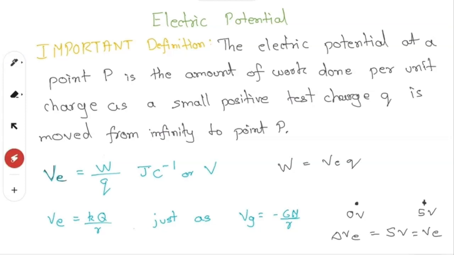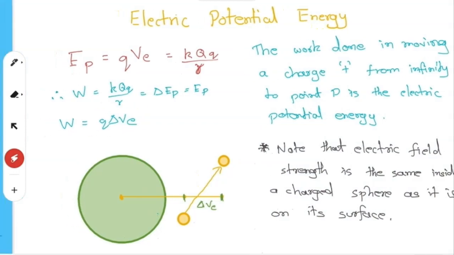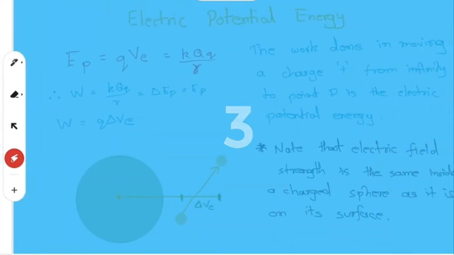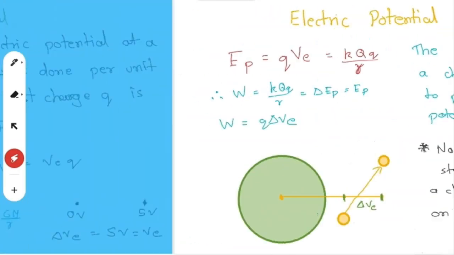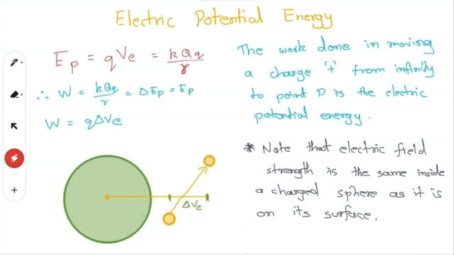So in this case, this formula and this formula are both applicable. However, it's always best to remember the formula as delta VE, because if I take this as 3 volts, well, if I move from here to here, I can't write VE as just 5. It's actually 5 minus 3.